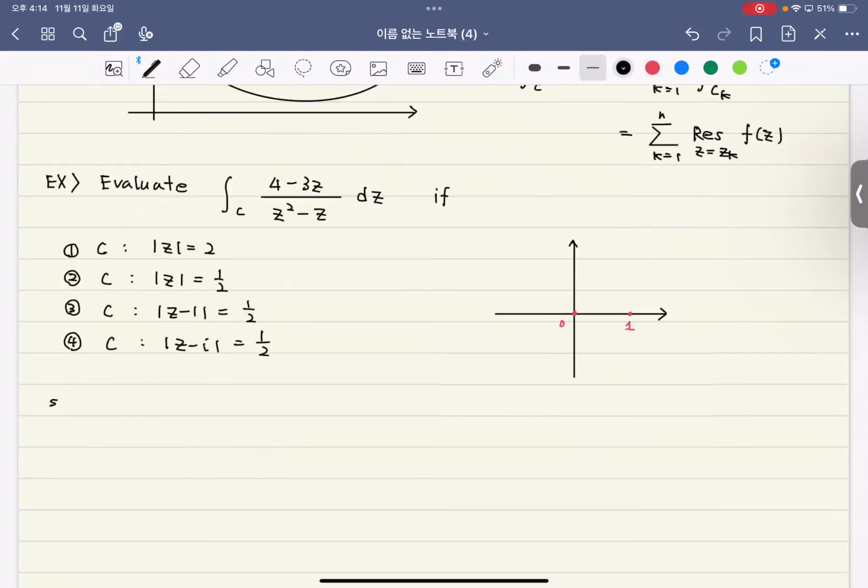All right, and in order to compute numbers 1, 2, and 3, I will need to find the residue at each of these singularities. I want to compute the residue when z equals 0.